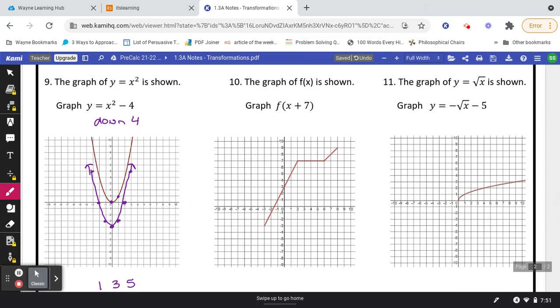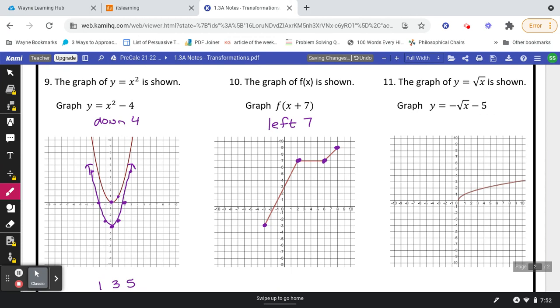Problem number 10, our general function f of x. We have that x + 7 on the inside, which means it's going to move to the left 7 places. So for this graph, I would identify a few of the most important points. Maybe where the graph starts down here, and then anytime it changes directions.